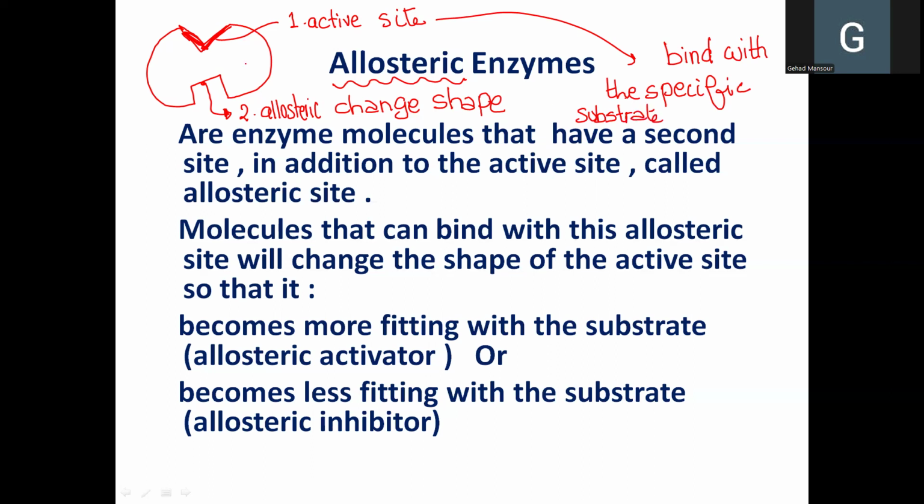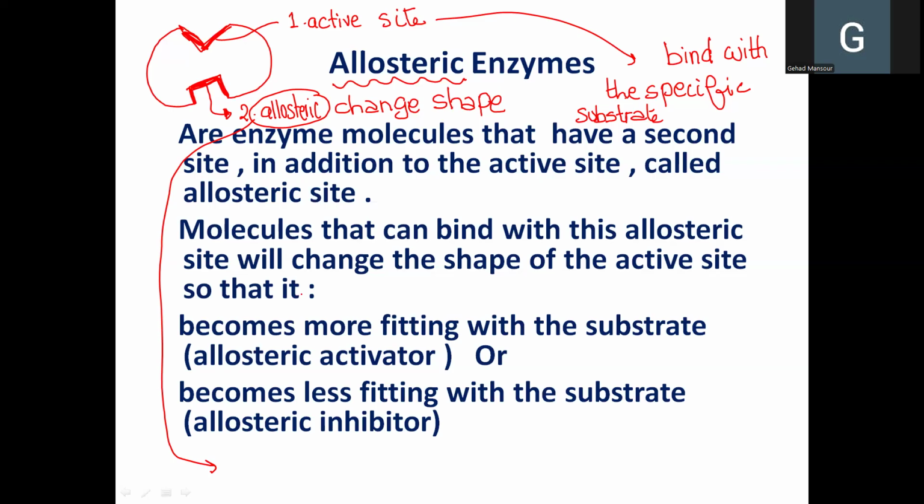And another site called the allosteric site. As the name indicates, this allosteric site is supposed to be like a turn-on, turn-off button to change the shape of the enzyme. So this allosteric site will be responsible for changing the shape of the enzyme.